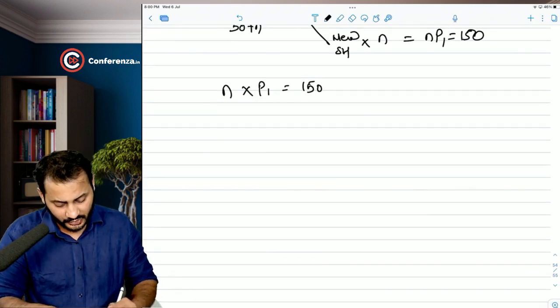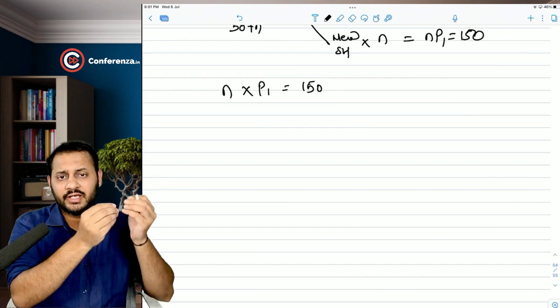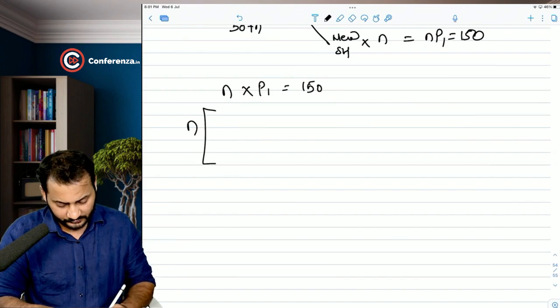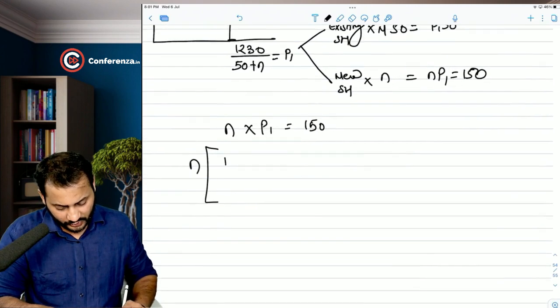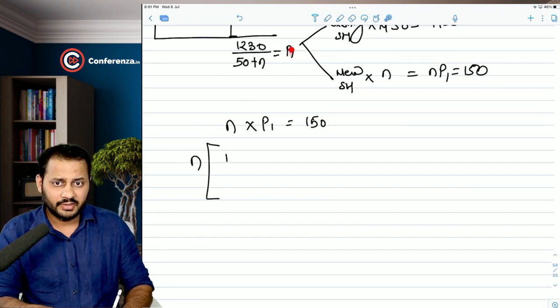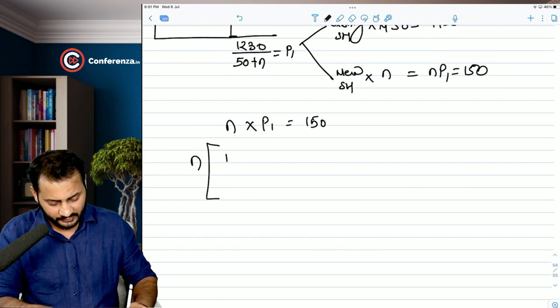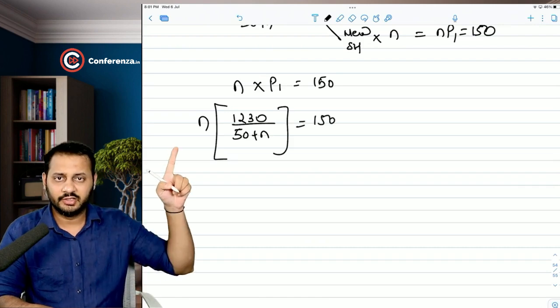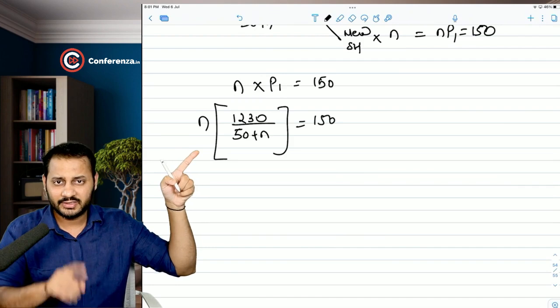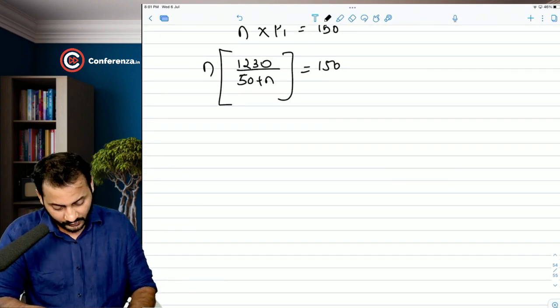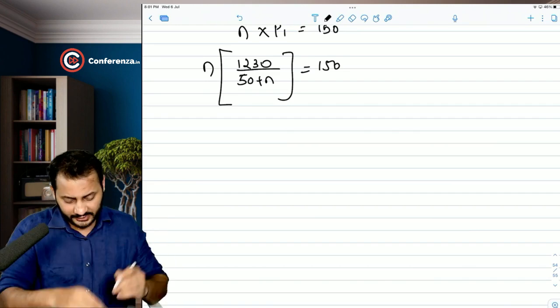Now let's find out how we calculate P1. I will keep N here in bracket, and P1 can be replaced with 1230 divided by 50 plus N. So N times 1230 divided by 50 plus N is equal to 150. Do you agree? N is the new number of shares and this whole bracket is P1, the price after the issue. Let's multiply: I will send that 50 plus N to the other side.